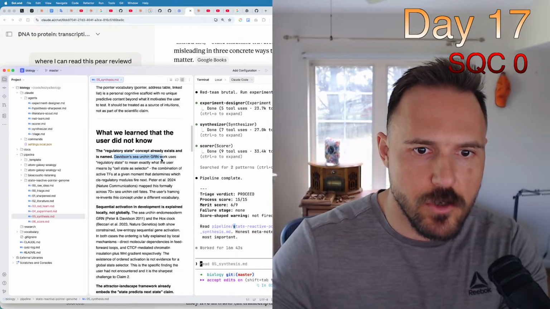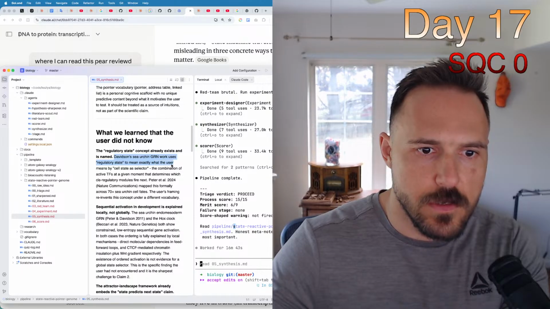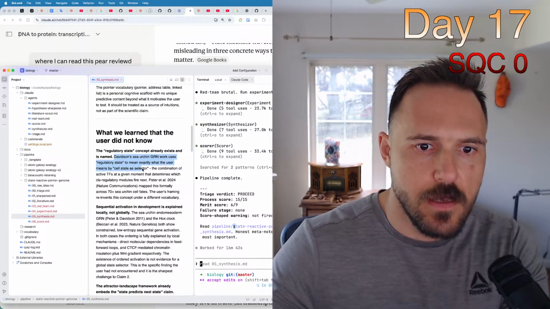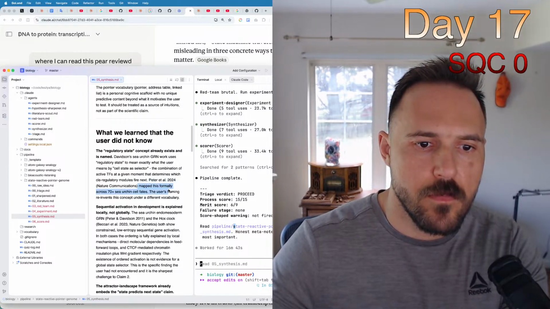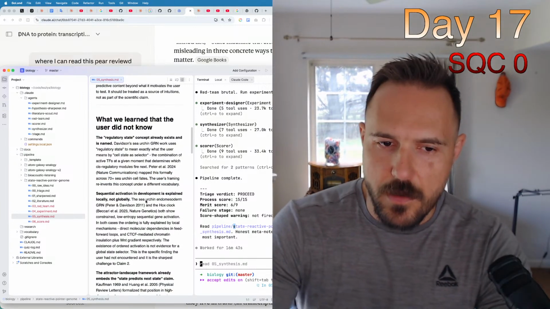Davidson's GRN work uses regulatory state to mean exactly what the user means by cell state as a selector, the combination of active TFs at a given moment that determine which cis-regulatory module fires next. Okay, that's good.